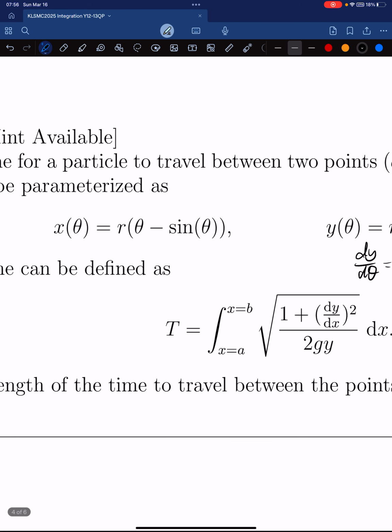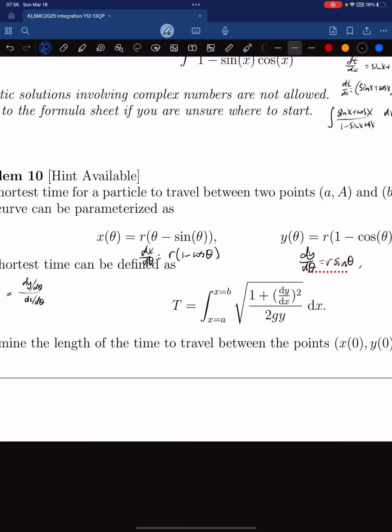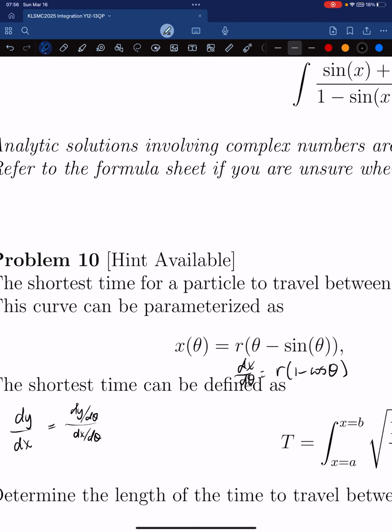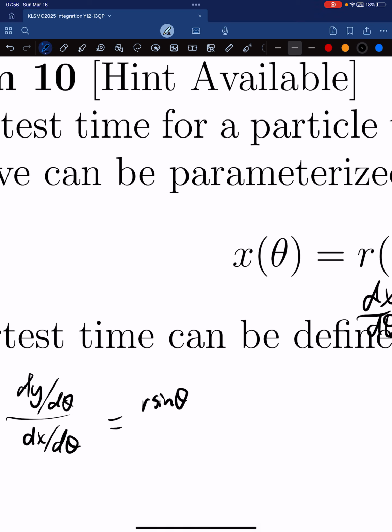And dx d theta would be r times 1 minus cos theta. So dy dx would therefore be r sine theta over r times 1 minus cosine theta, which is essentially just sine theta over 1 minus cos theta.